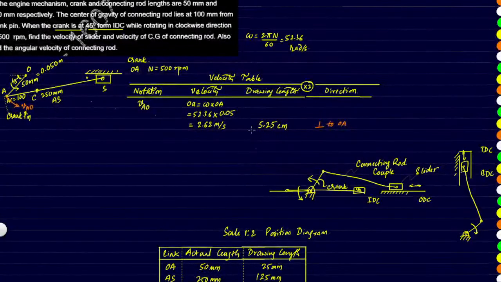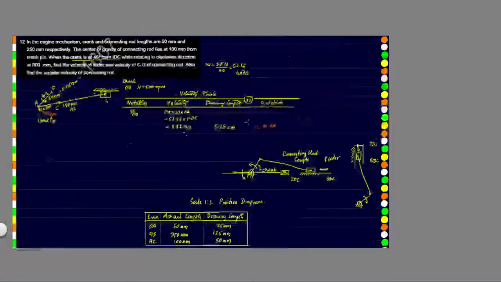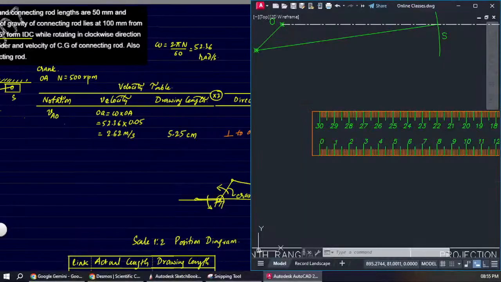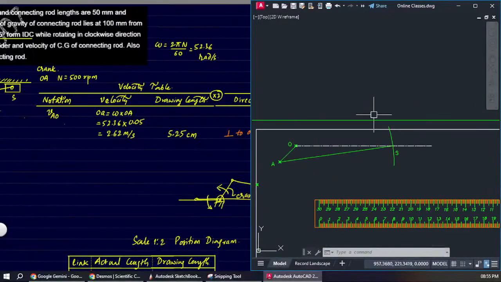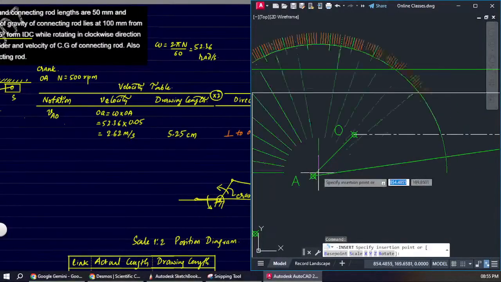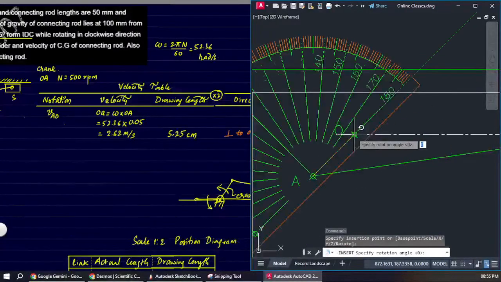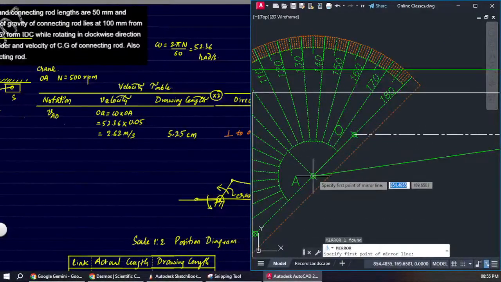Let's quickly go back to our problem. Let's get to our drawing sheet and we will have to take perpendicular to OA. So let's first take our protractor and keep it on this line.